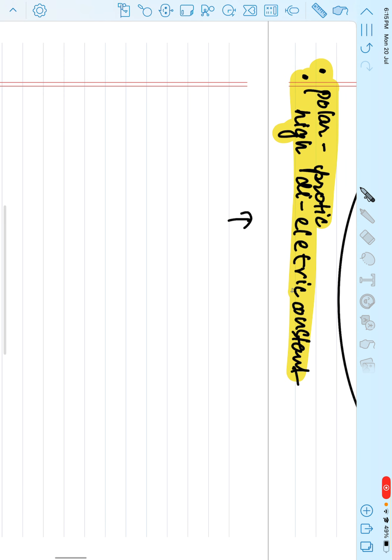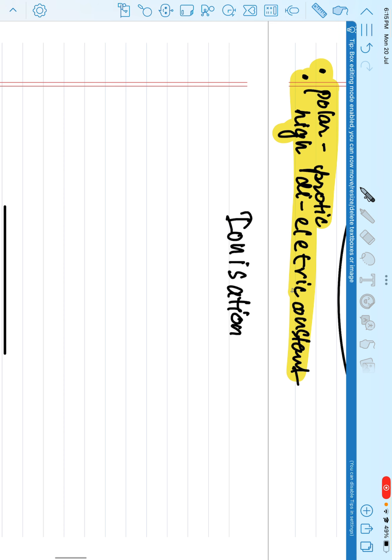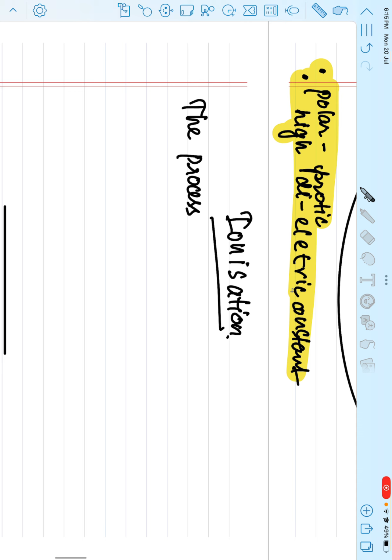Now let me come to what is ionization. People often confuse dissociation and ionization, but they're different. Ionization never happens in electrovalent compounds. Only certain compounds exhibit ionization, and these are your polar covalent compounds.